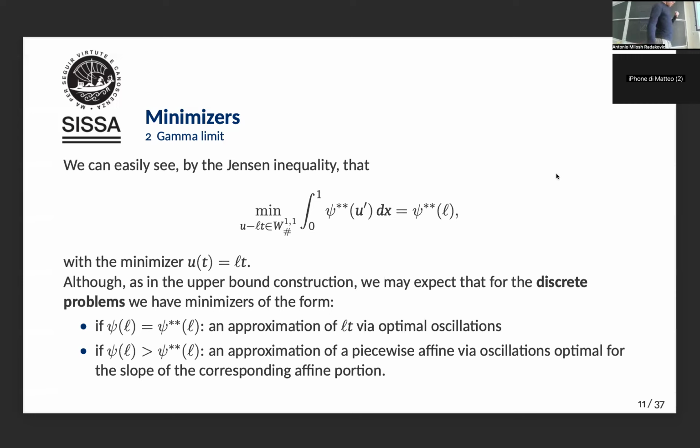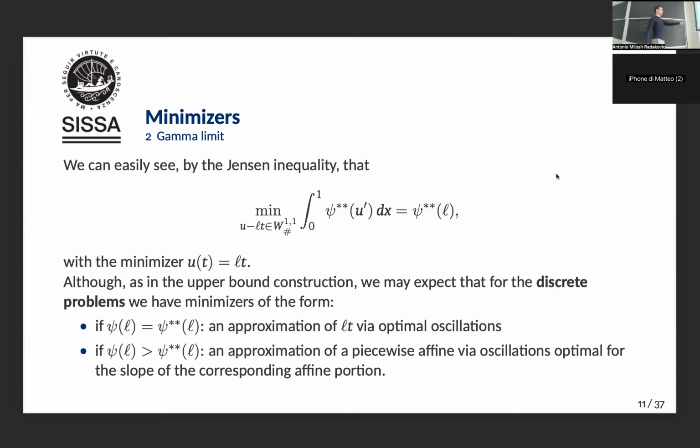But once we ask how these minimizers are approximated in the discrete setting, we will have two kinds of behaviors. When psi of ℓ is equal to psi star star of ℓ, so in areas in which psi is convex, we will have something like this. So the line will be approximated by some optimal oscillations, oscillations in the sets M_ℓ I defined in the previous slide.